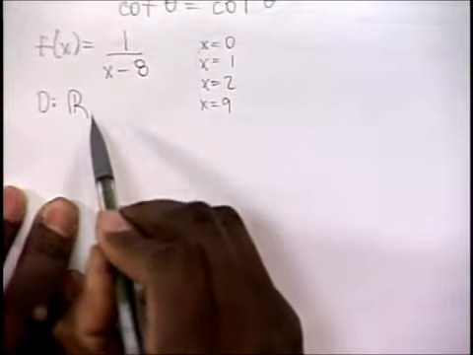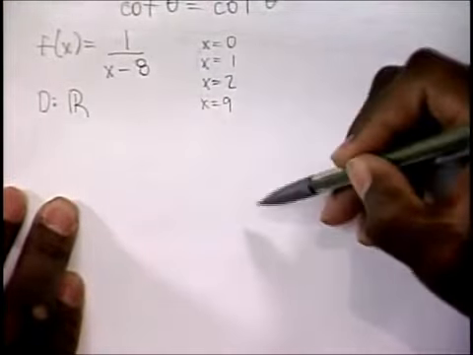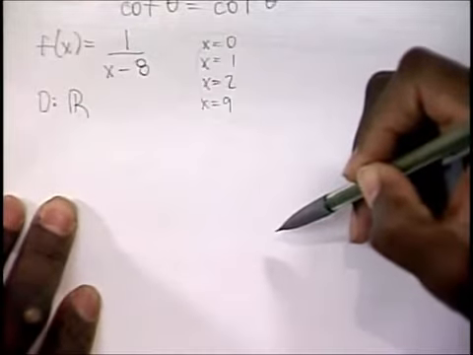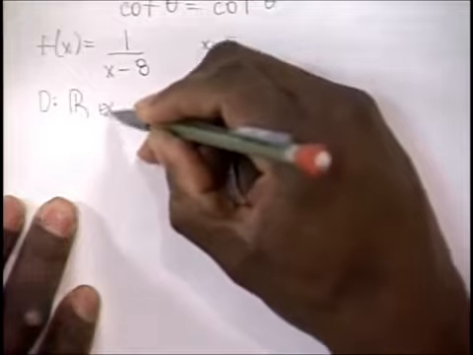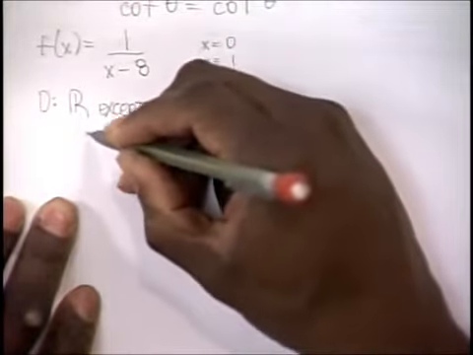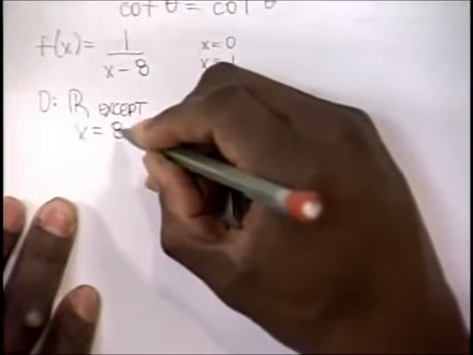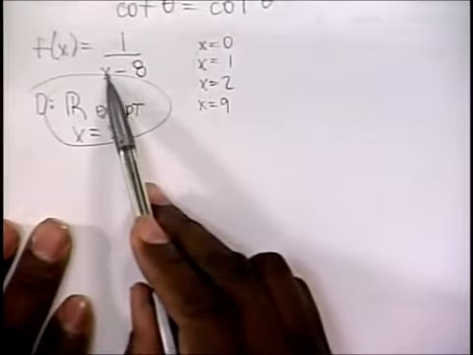A textbook would not list all of the answers, that would take too much time. So what they'll say is all real numbers except, you can put in any number in the world except for x is equal to 8.